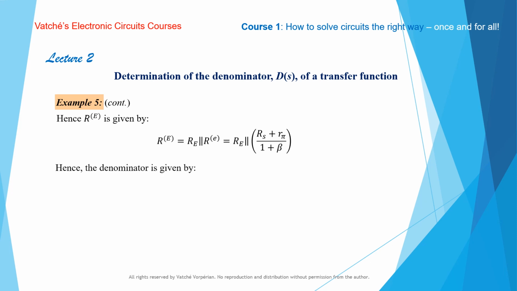And therefore, the denominator is given by 1 plus s CE R super E, or 1 plus s over omega p, in which omega p is the reciprocal of the time constant, given by CE and the parallel combination of RE with Rs plus R pi divided by 1 plus beta.